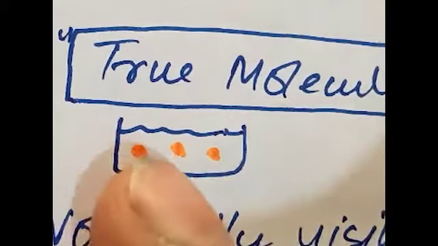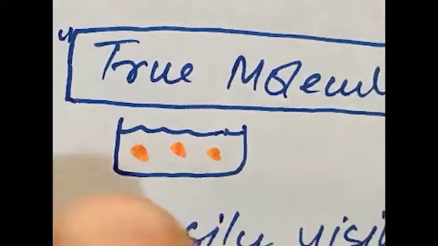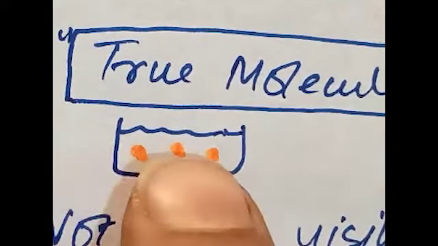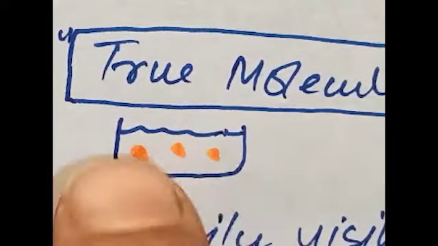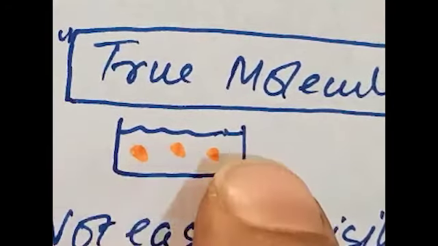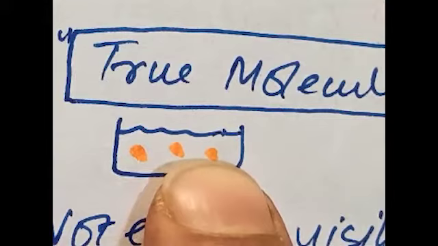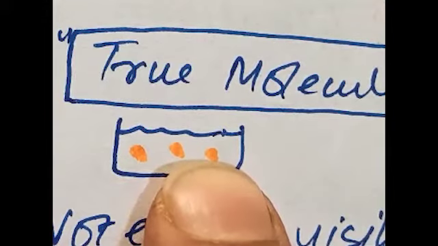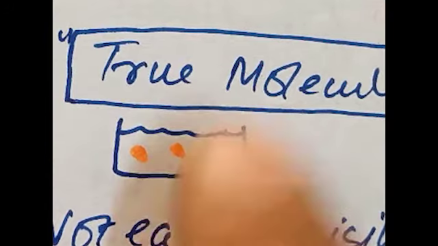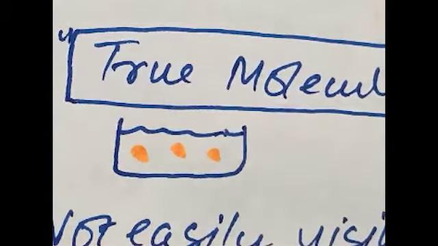These particles are the colloid particles, directly alone, one molecule, and their sizes directly fall in the range of that of colloids. So they are true molecules, original molecules which can be known as pure colloids.